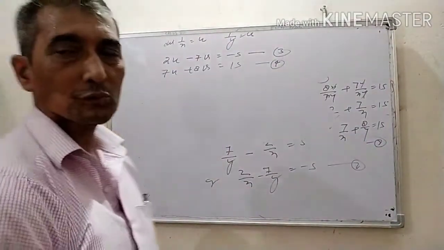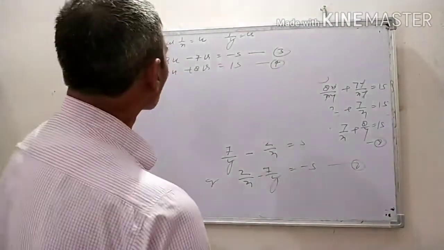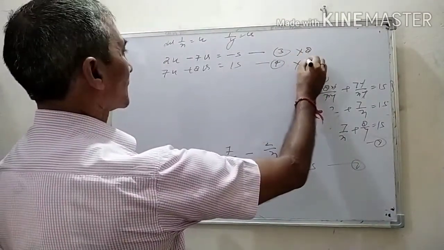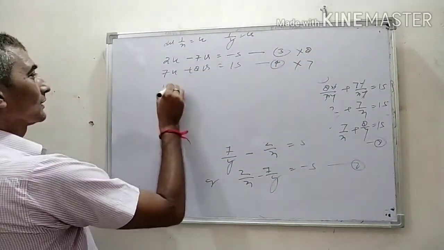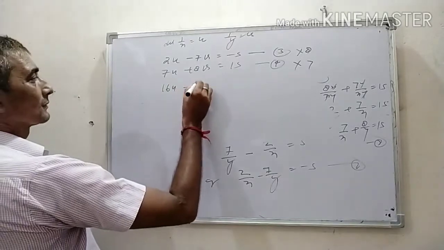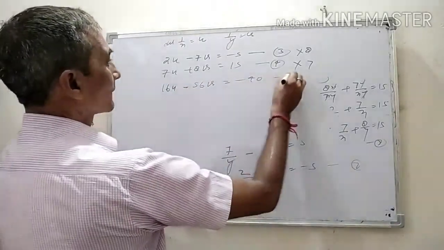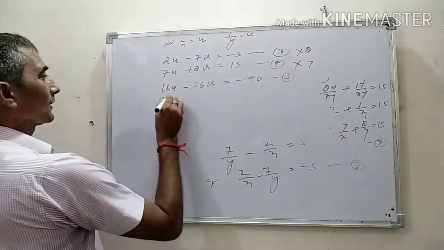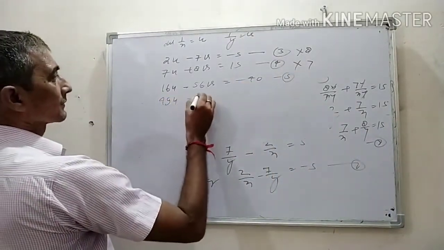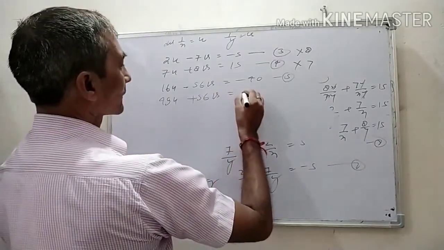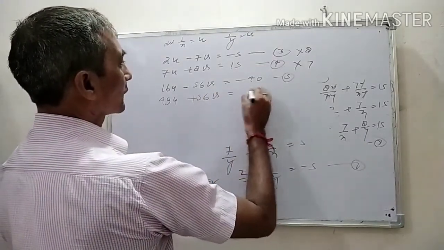Now I am going to solve it by elimination method. Multiply equation 3 by 8 and equation 4 by 7. 16u minus 56v equal to minus 40, and 49u plus 56v equal to 105.